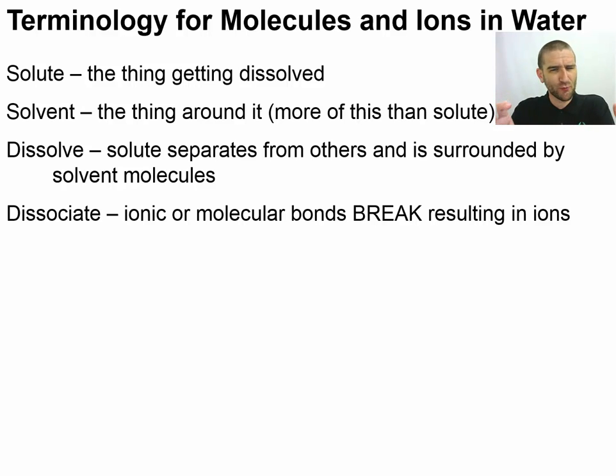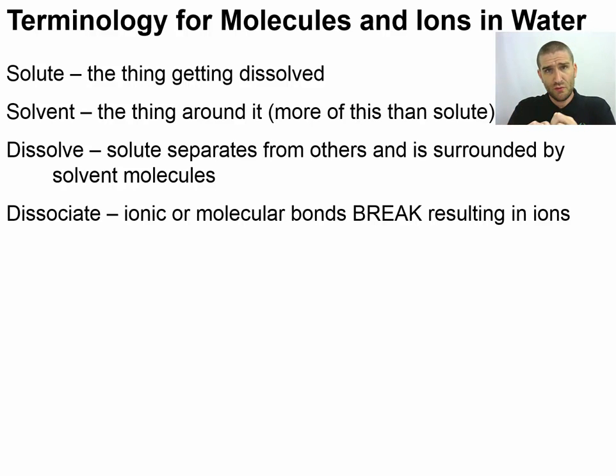About the only bond we'll break in a dissolving process, really ever, that we talk about in Chem 1, would be when an acid dissolves in water and one of the hydrogens pops off and becomes a proton in the solution. And we'll see that when we talk about acids and bases. But most of the time, we're not going to have covalent or molecular bonds breaking. What happens, though, is they will dissolve.